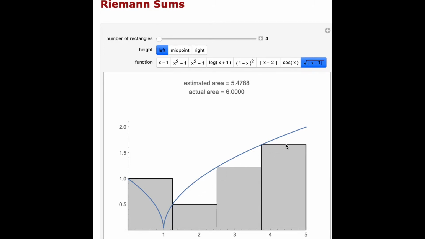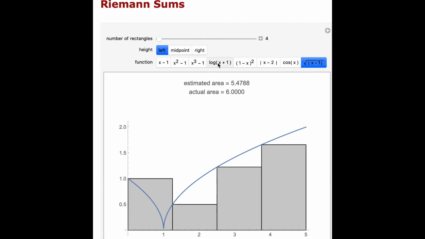So we see that the shape of the curve is going to affect which of the three options we should use. And we cannot automatically assume that the left is going to underestimate and the right is going to overestimate. We have to look at the shape of the curve and see how it fits in.